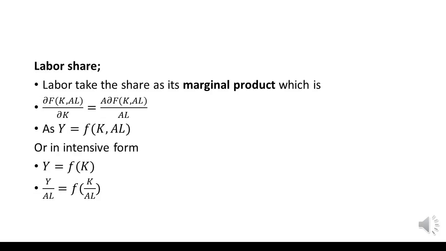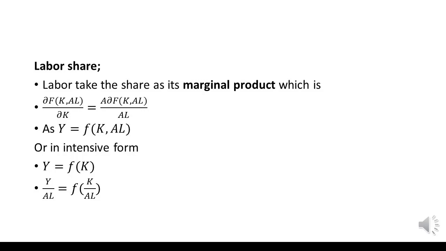Now let's talk about the share of capital and the share of labor in the output. As we talked about earlier, they get their marginal product. So let's derive the share of capital. We have the production function telling us that the output is a function of capital and effective labor.